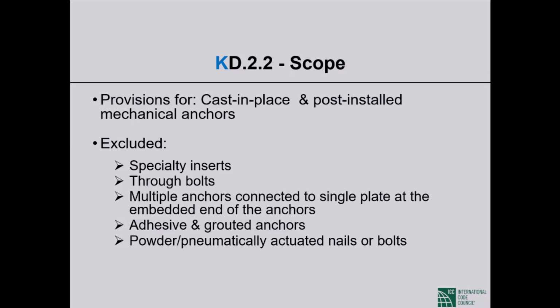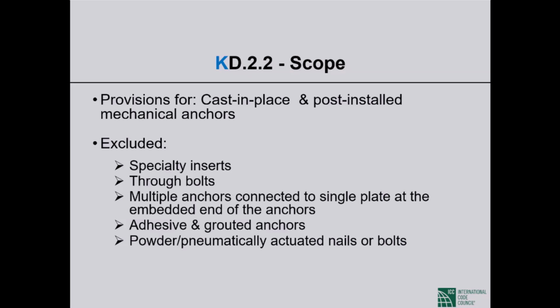So the writers of Appendix D of ACI 318 decided to stay away from it. Since we don't know, let us exclude it from the scope of Appendix D. This is not to say that these things cannot be done, but you cannot design them by Appendix D or Appendix K. That's all we are saying.